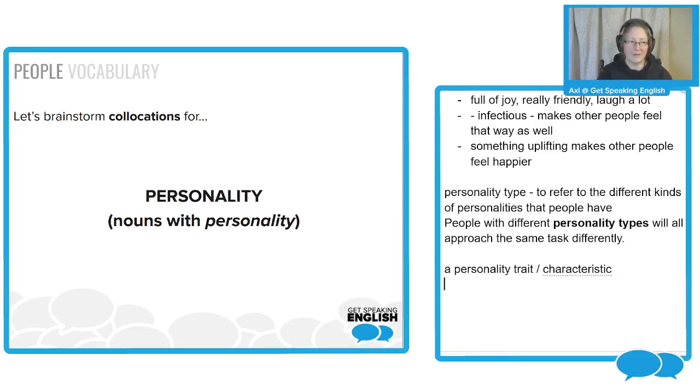So some examples, for example, someone might be loyal, as in they're very faithful, they would never betray you. Or generous, for example. And you could think of some other personality traits. Down to earth, exactly. Someone can be down to earth.